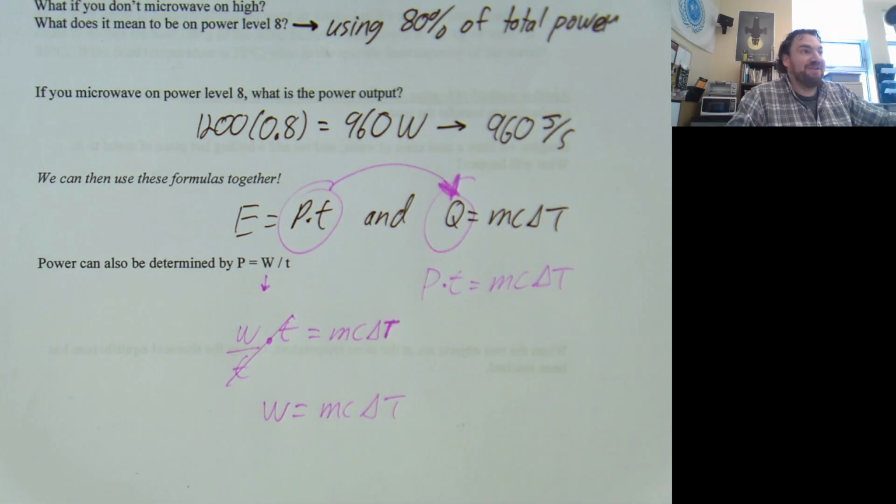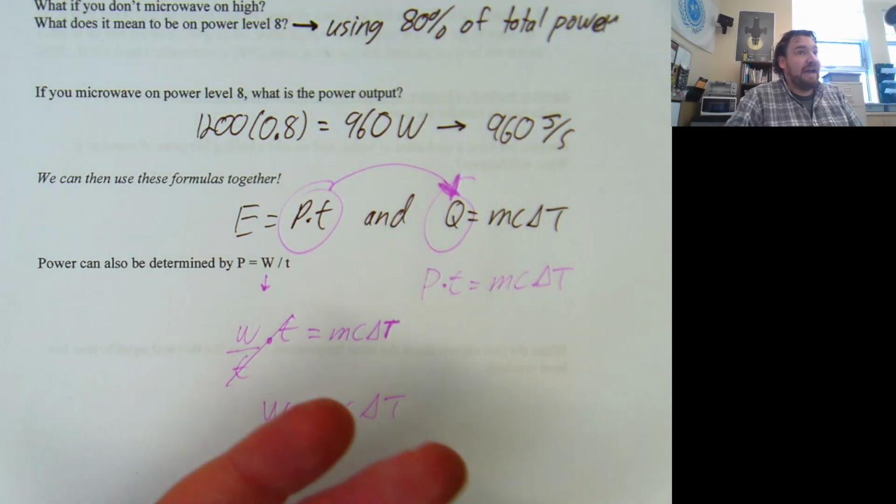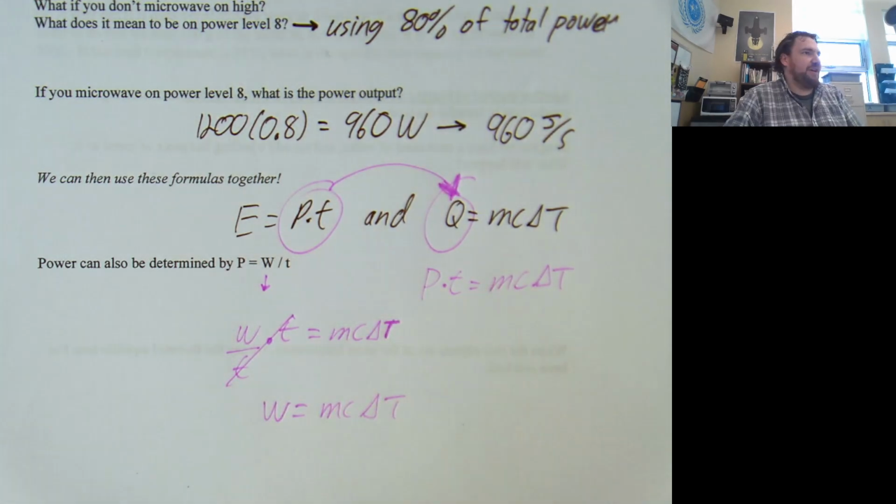We had a bunch of different expressions for this too. We had work is equal to a force times a distance. You're going to get all sorts of interesting things here. You can start to calculate now how friction is going to heat up your objects.